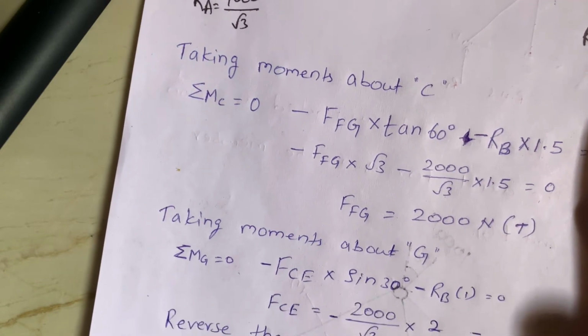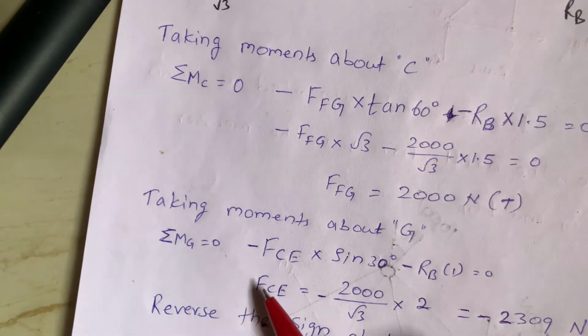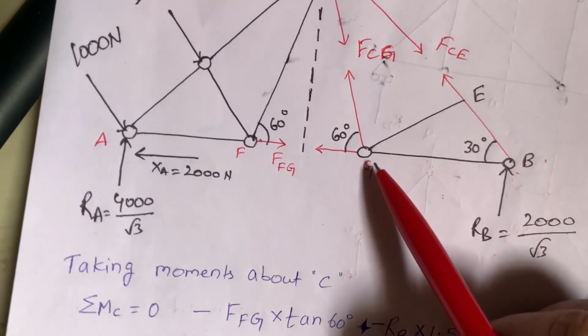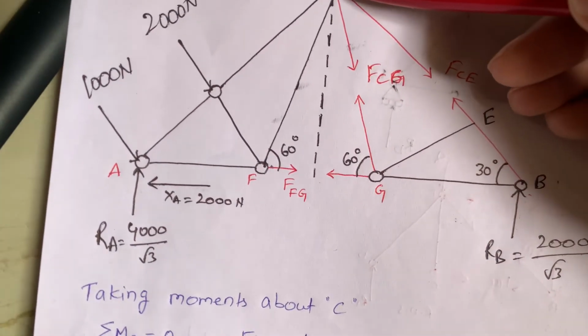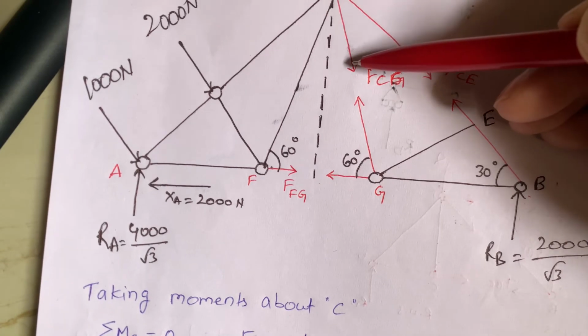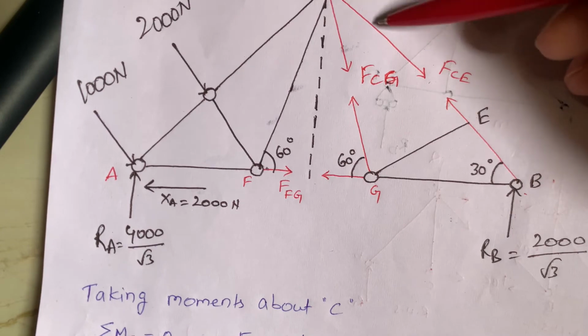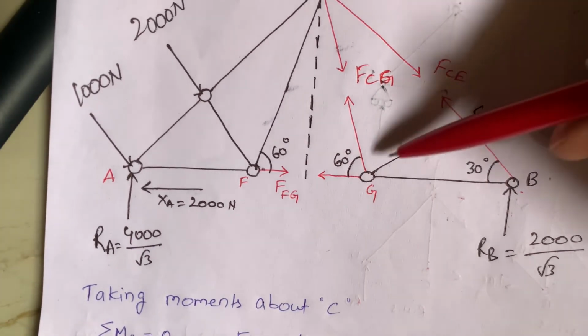Next, after taking moments about G. So moments at G, here it is G point. Okay, so moments, minus FCE into force into perpendicular distance.